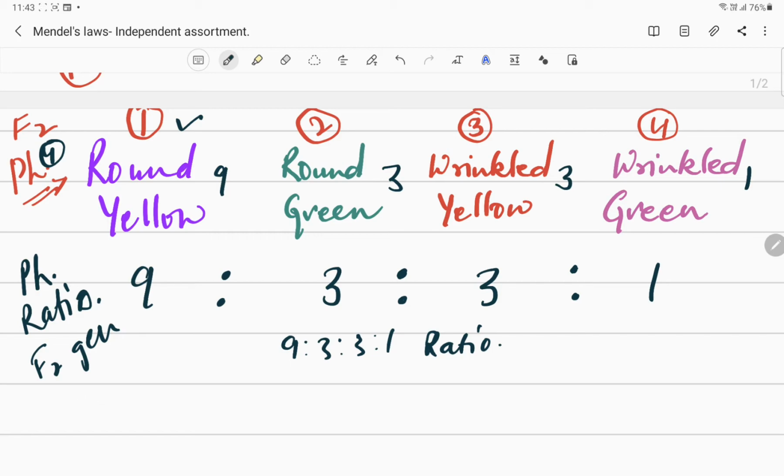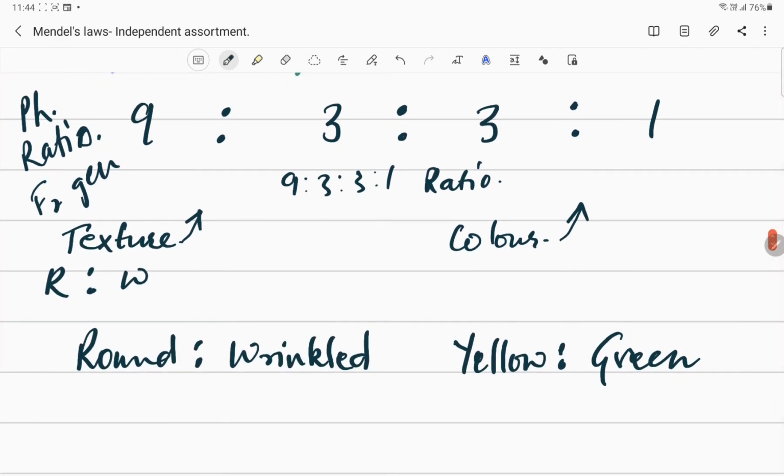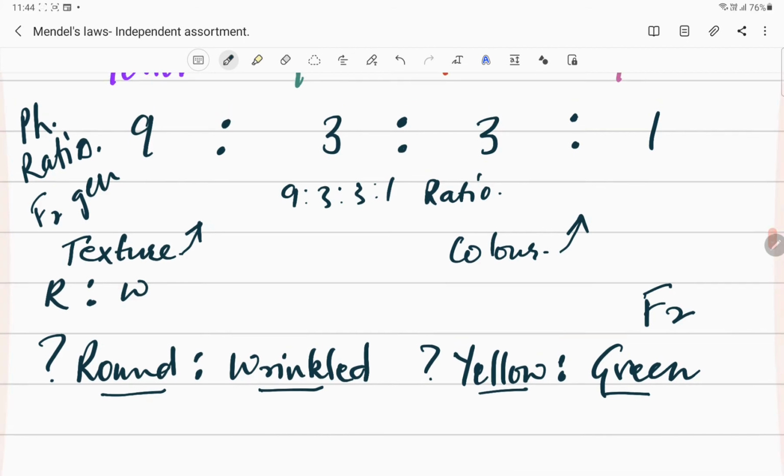He said, let me see what is the ratio of texture in a dihybrid cross, and what is the ratio of the contrasting characters for color in this dihybrid cross experiment. What he meant was, what is the ratio of round to wrinkled seeds, and what is the ratio of yellow color to green color in the F2 generation of the dihybrid cross experiment? So let us just count.